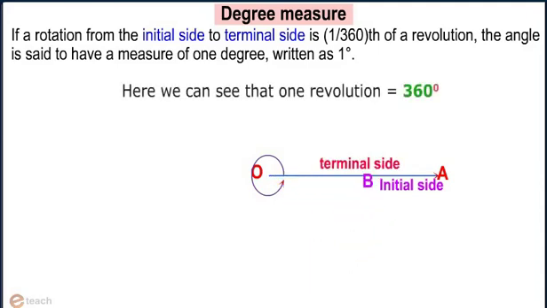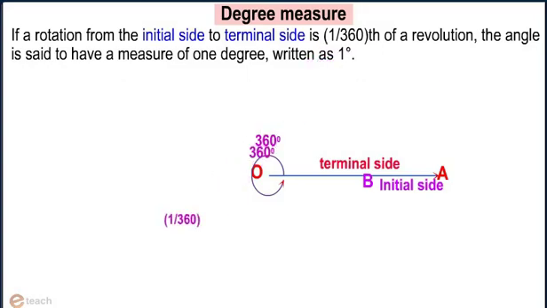Here, we can see that one revolution is equal to 360 degrees. So, 1 by 360 into 360 degrees is equal to 1 degree.